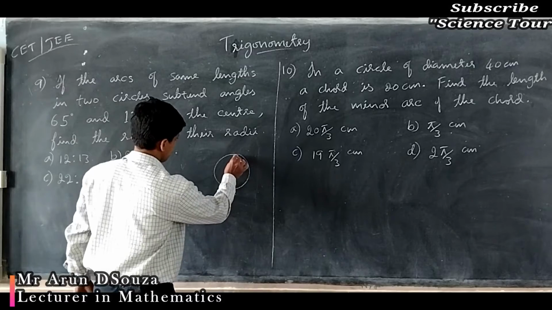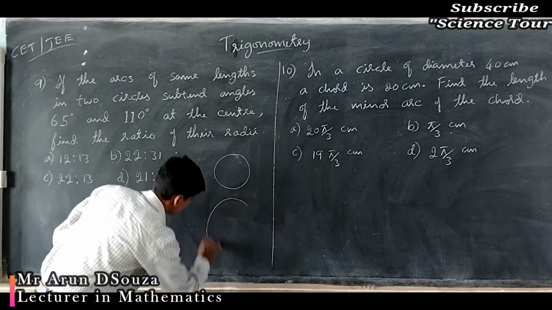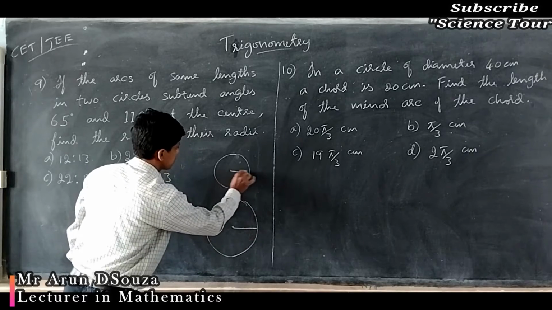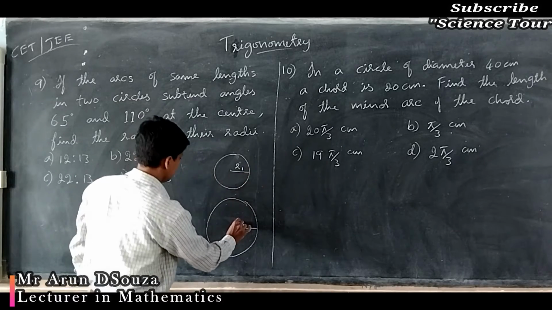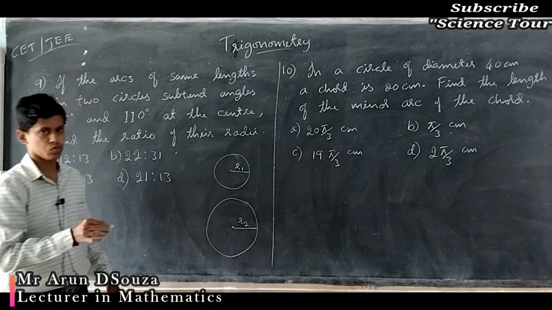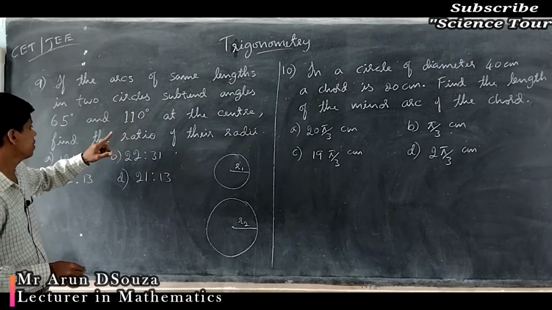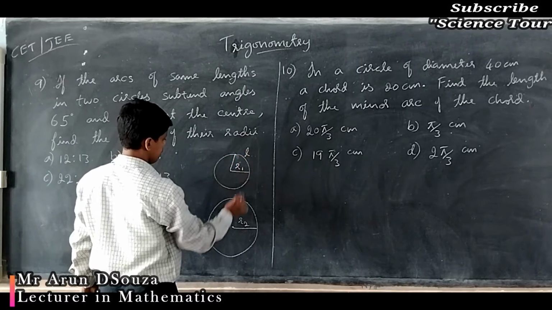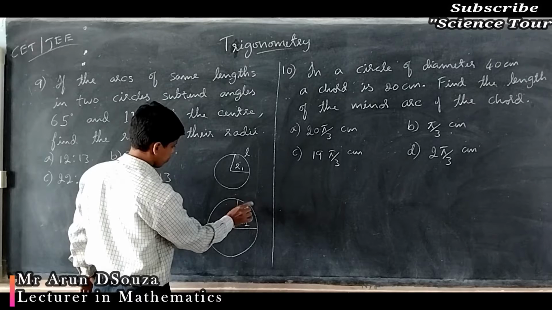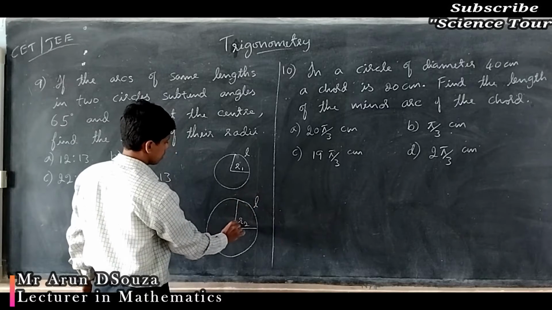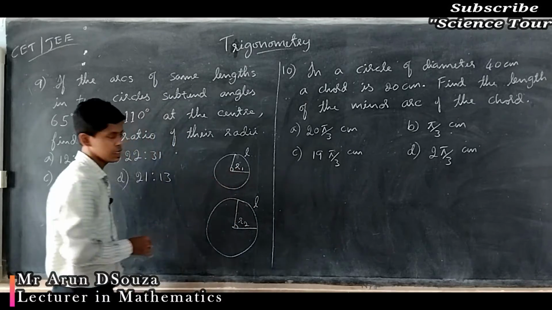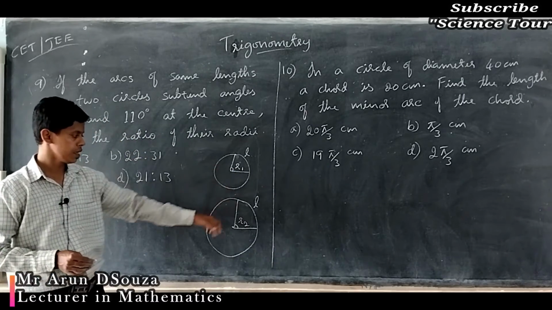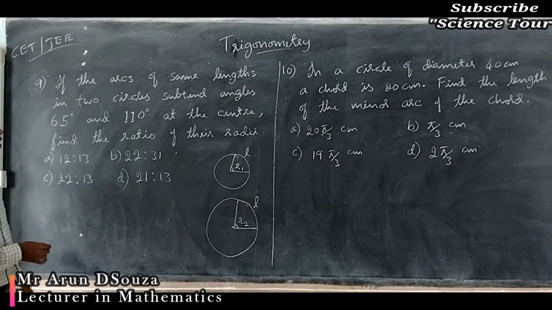Radii means the radii are not equal, so you have different circles here. The radius are different. We'll take R1 and R2. Arc lengths are same, so let us say L, and here also we'll take L. Theta is different. First is 65 degree, second is 110 degree.